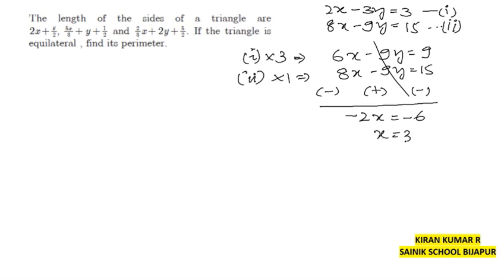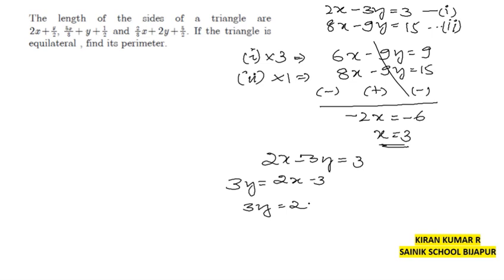X value is positive 3. Let me consider the first equation, 2x minus 3y equal to 3. So from this, 2x minus 3 will be equal to 3y. Substitute, we get 3y as 2 times 3 minus 3. We get the value of y as 1.